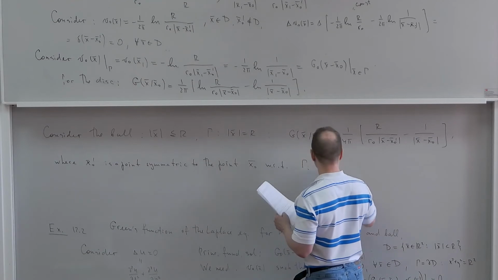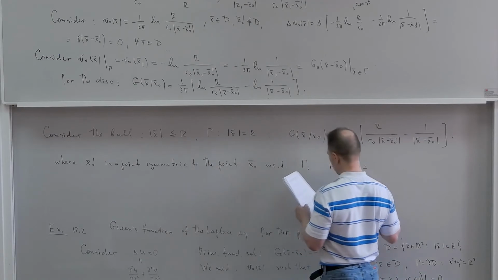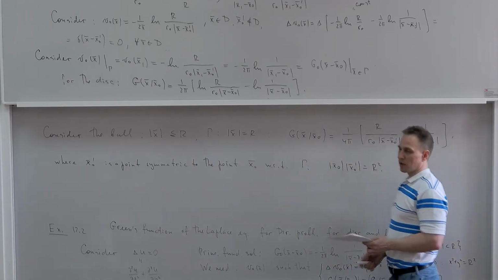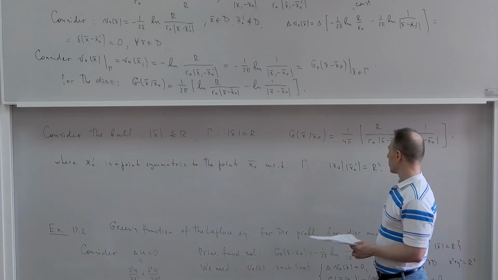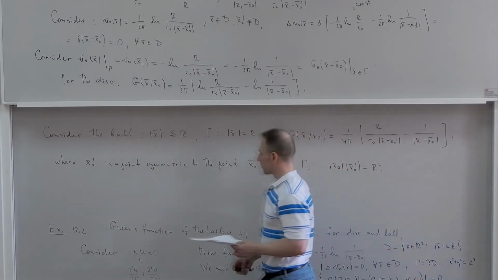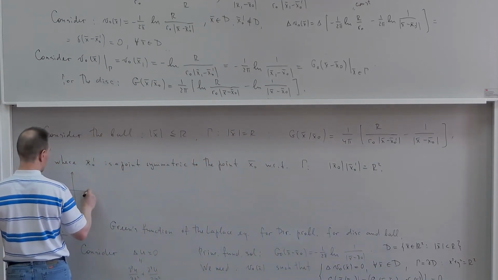And in particular, the following relation holds. And these 2 points lie on the same ray emanated from the origin of the system of coordinates. Thus we have the following picture, as in the case of a disk.